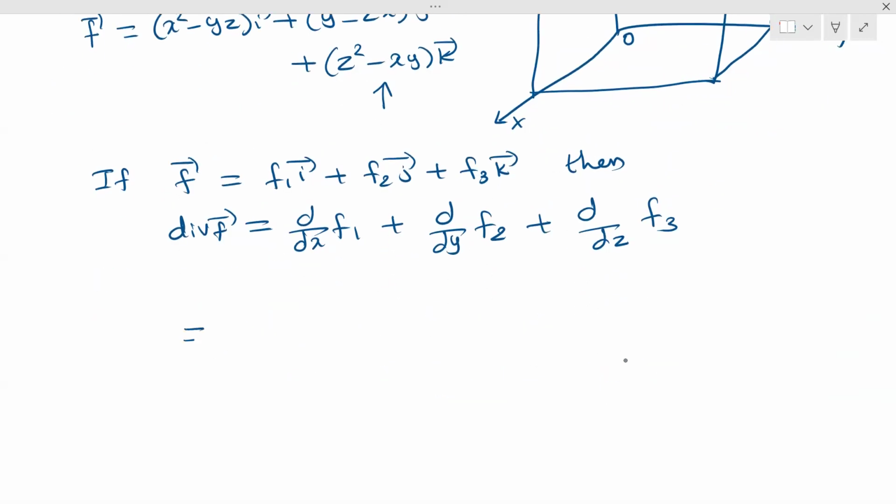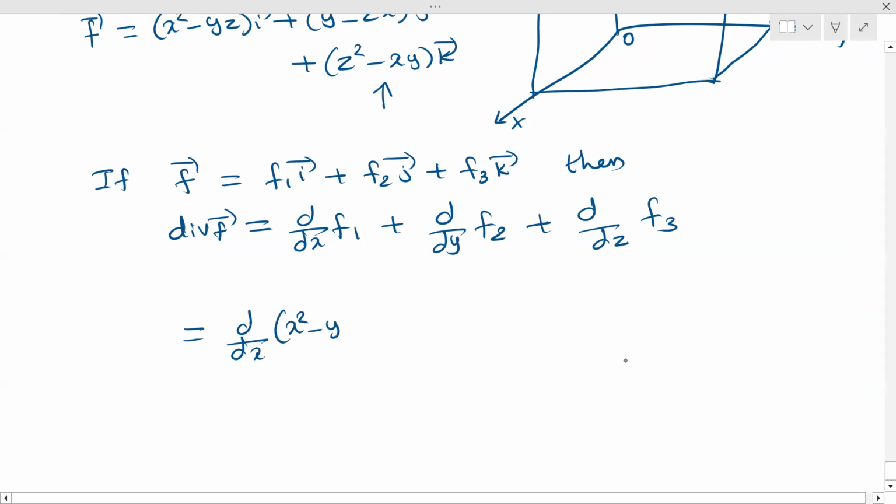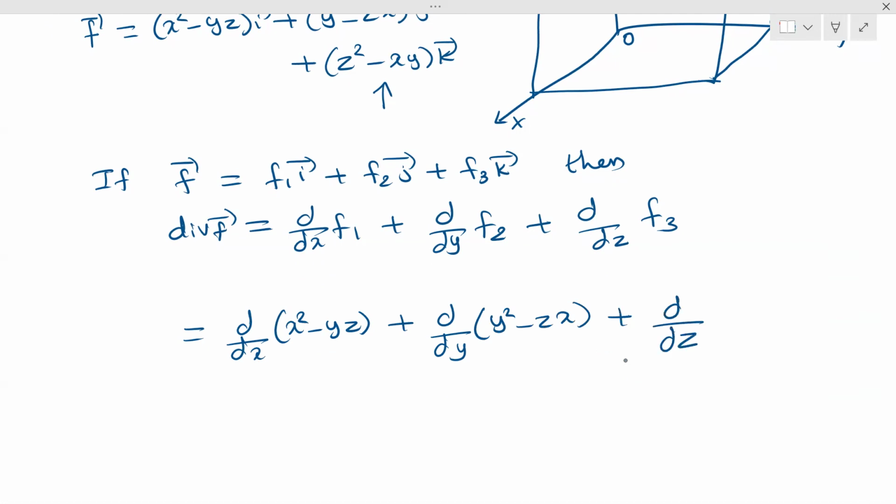So this equals dou by dou x of x square minus yz, plus dou by dou y of y square minus zx, plus dou by dou z of z square minus xy.